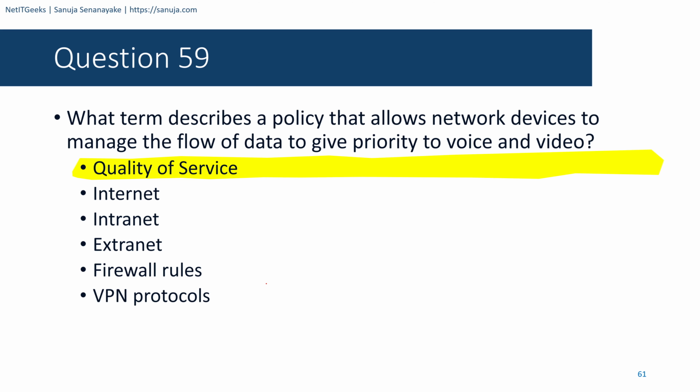Firewall rules will prevent certain packets from leaving or entering your network, or leaving or entering a device within your network, such as a server. That's not used for prioritizing video or audio data, but quality of service is what we can use to tag those packets and give priority to voice and video data.